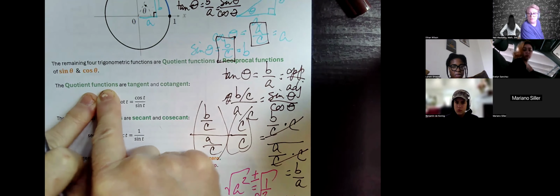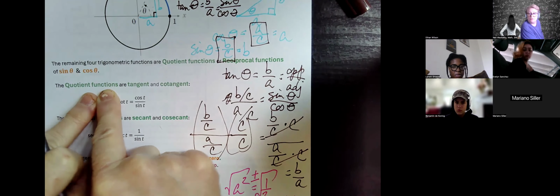Now let's look at how the secant compares. Is it the reciprocal of sine or is it the reciprocal of cosine? Cosine. Good.